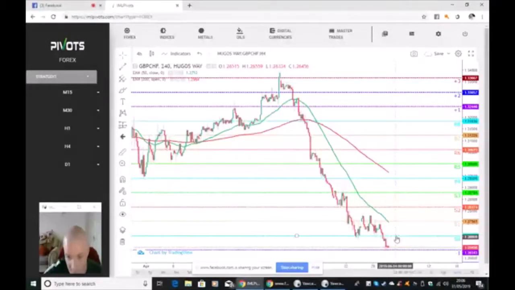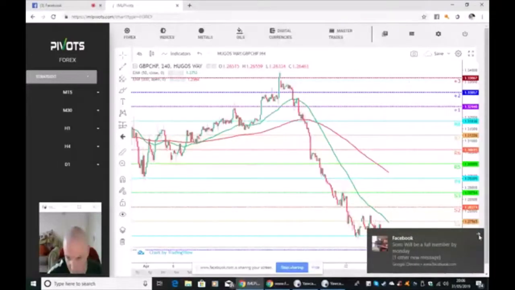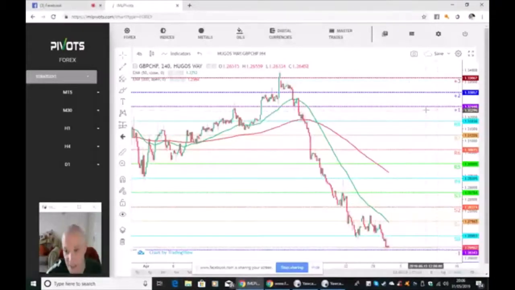So this will be heading back up towards these here, and we'll be looking at these as a take profit level, okay? So that is for the buy. For the sell, anything above the R8, like this here, and this, we'll be looking for a sell, okay?